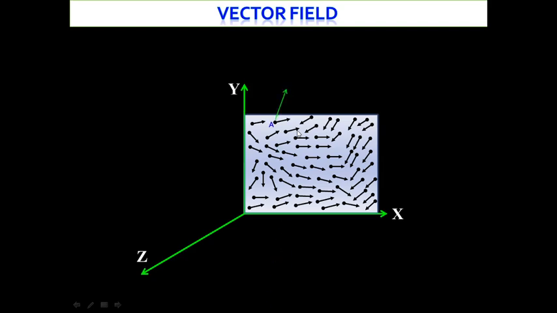Suppose this is point A at which the vector function is defined by v1, and at point B the vector quantity is defined by v2. So this vector quantity is different at various points inside this region. It is single valued at a particular point, but continuous and definite inside this region. So this region is called a vector field.